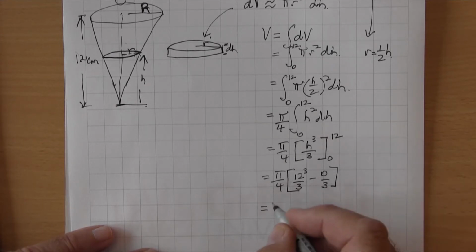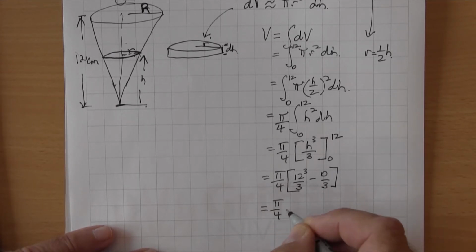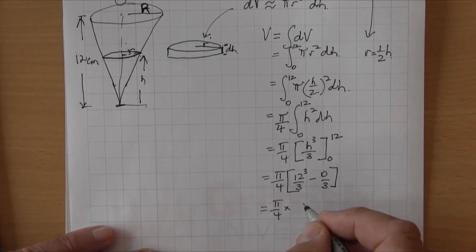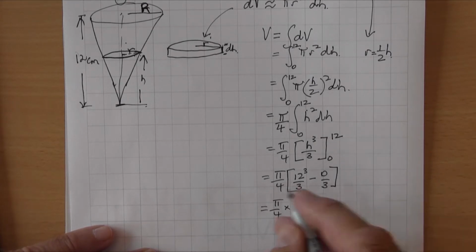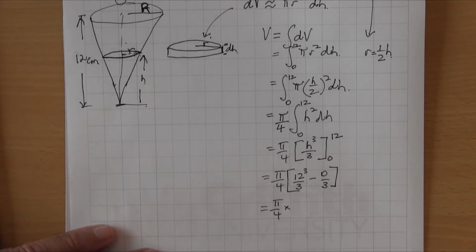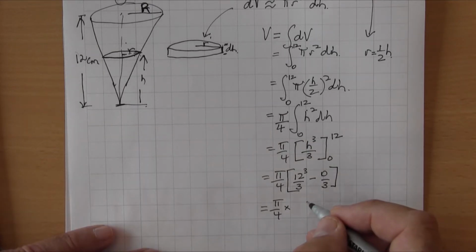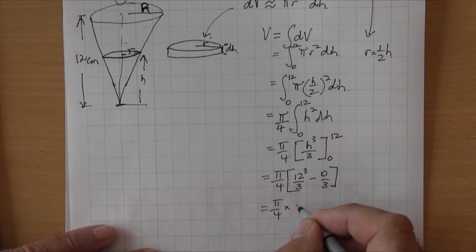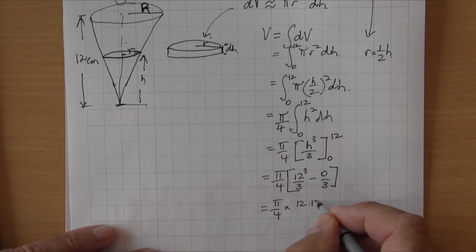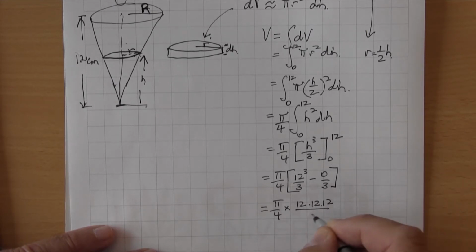That 0 term is just going to be equal to 0, so that's pi on 4 times 12 times 12 times 12 over 3.